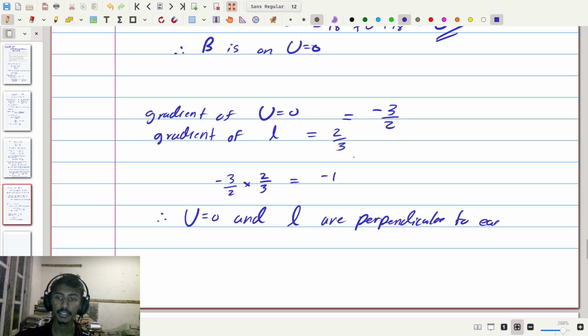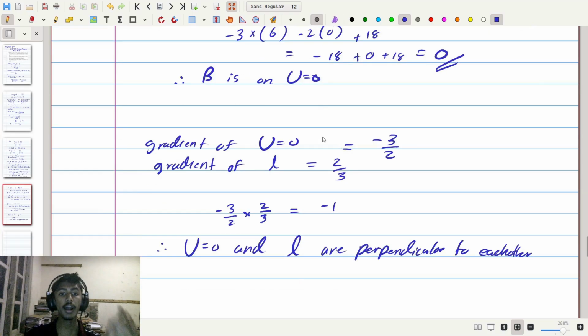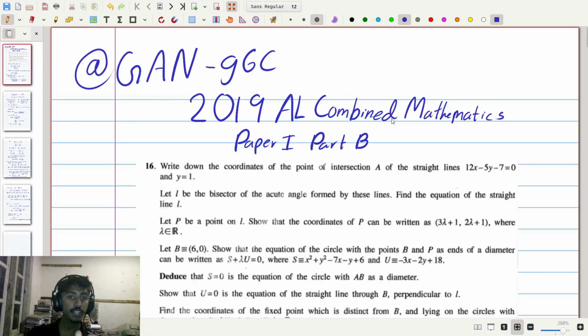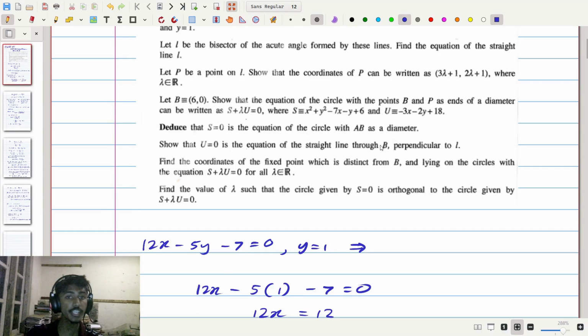Now, these two conditions that we found are two separate conditions. The first condition is that B is on u equals 0. I'm going to call that condition A. The second condition, B, is that the line u equals 0 and the line L are perpendicular to each other. Now the question asks us to show that both of these are true for u equals 0 at the same time.